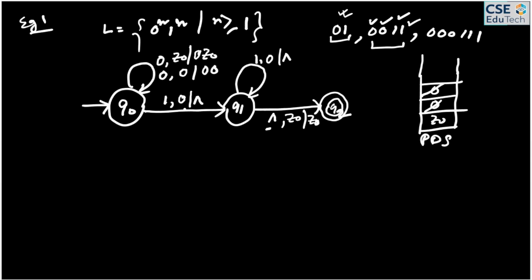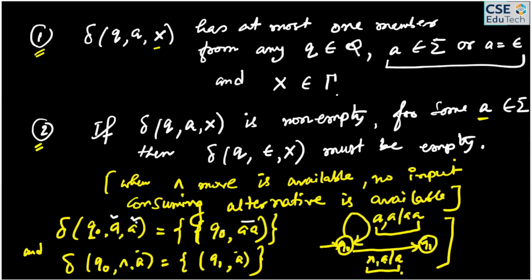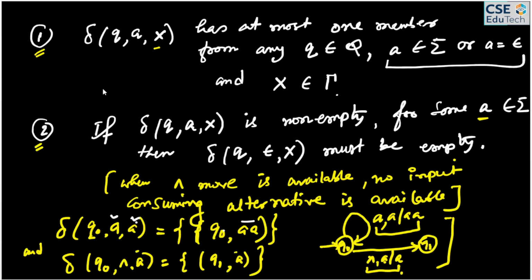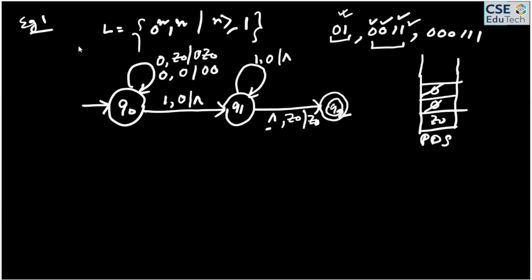As we have seen the conditions, the first condition says that for any q belonging to Q, delta of q, a, x has at most one member. That means here, for any transition, only one state is there.